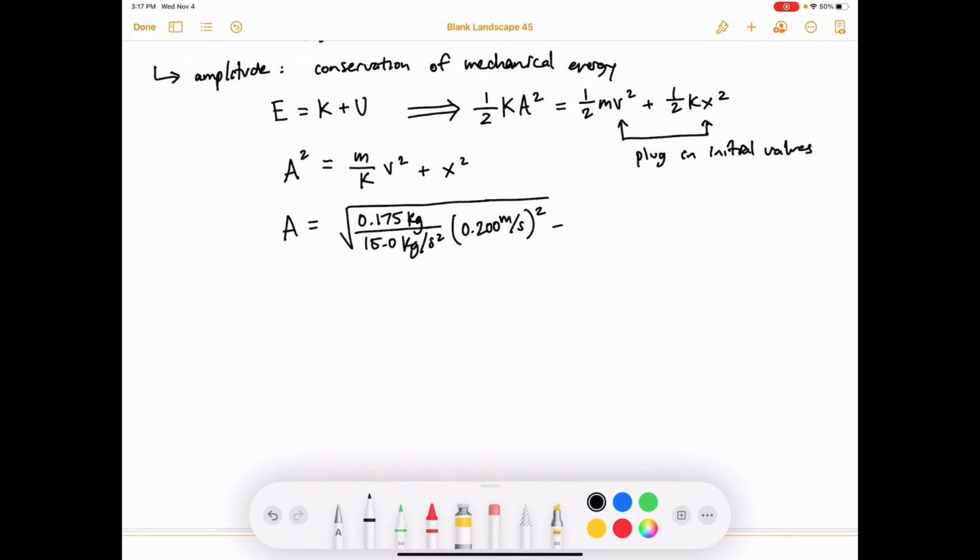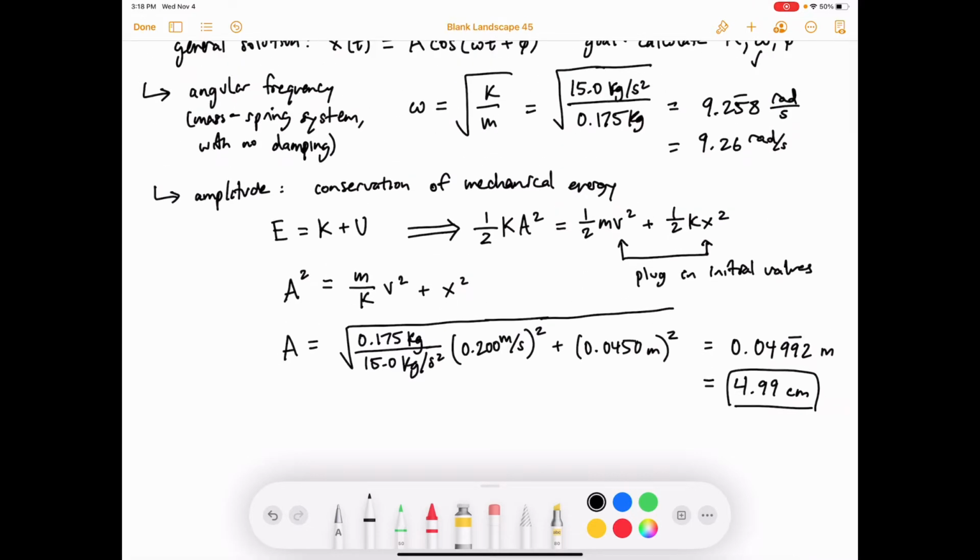We were also given that the initial value of x is 4.5 centimeters, or 0.045 meters, and we square the x value. This gives us an amplitude in units of meters, which comes out to 0.04992 meters. We'll keep 3 sig figs, so that works out to 4.99 centimeters.